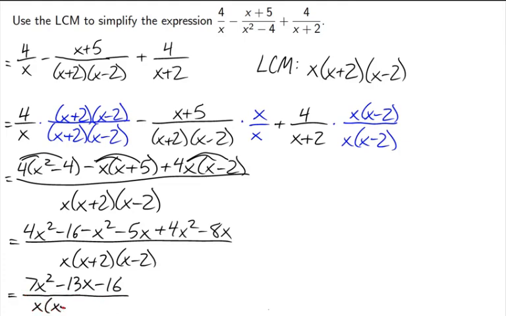And so then we have x times x plus 2 times x minus 2 in the denominator. And we could simplify. If we could factor this, it might help, but this looks complicated enough that let's just leave it be and say that this is our final answer.